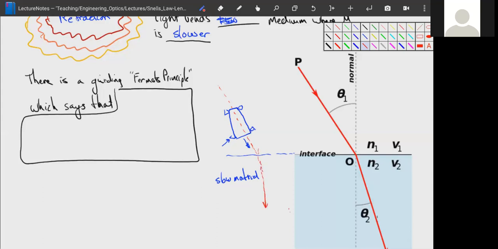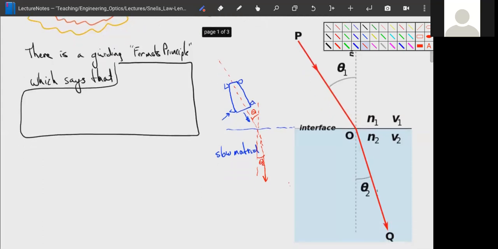And so what we get is a change in angle relative to the normal. This is theta 1, and this is theta 2, over here on this right-hand side.